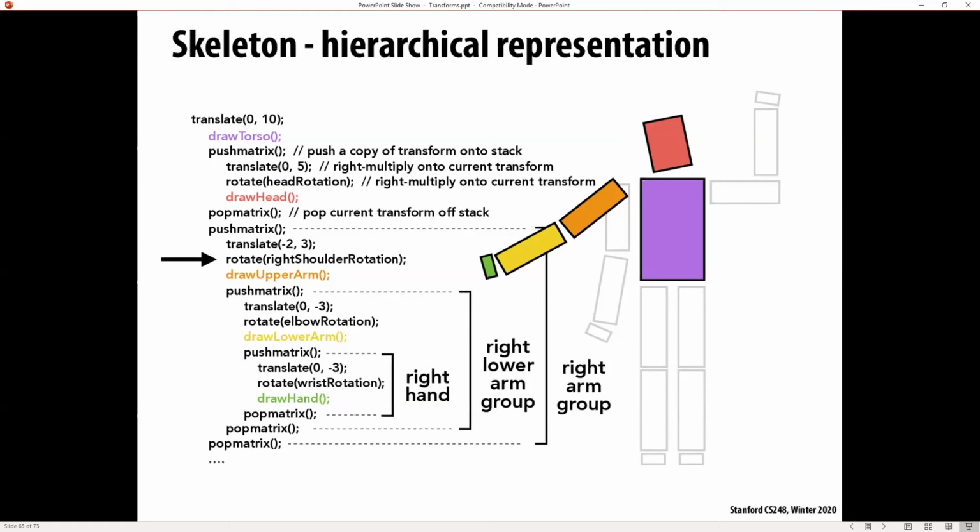So you can say there's a global coordinate frame. You can say there's a torso coordinate frame. You can say there's an upper arm coordinate frame. So in this upper arm coordinate frame, what do you have to do to get to the lower arm? You can imagine some coordinate axes, x and y, drawn on this upper arm. And when the upper arm is here, the coordinate axes are oriented in this way, square with this upper arm.